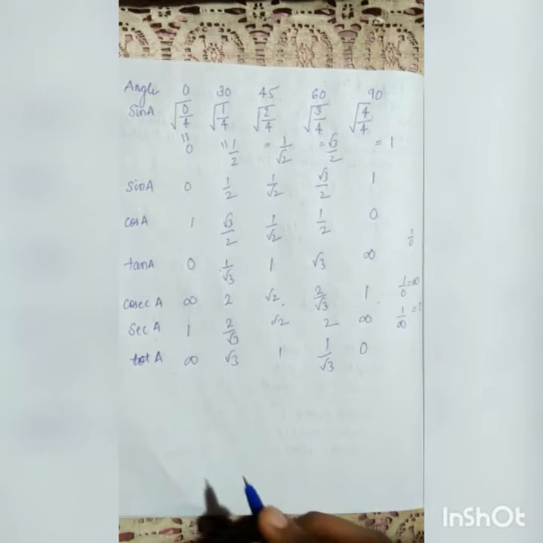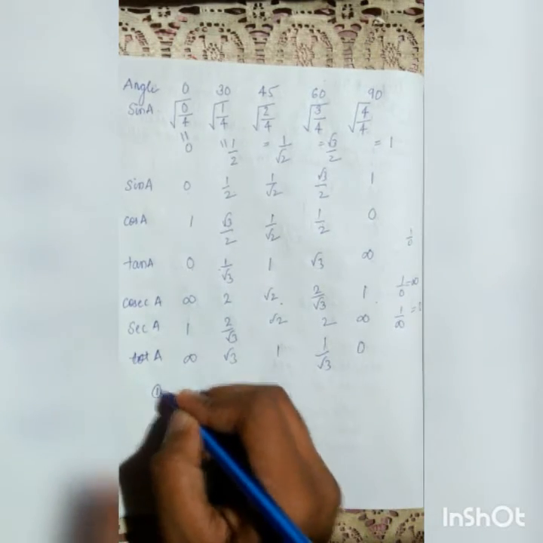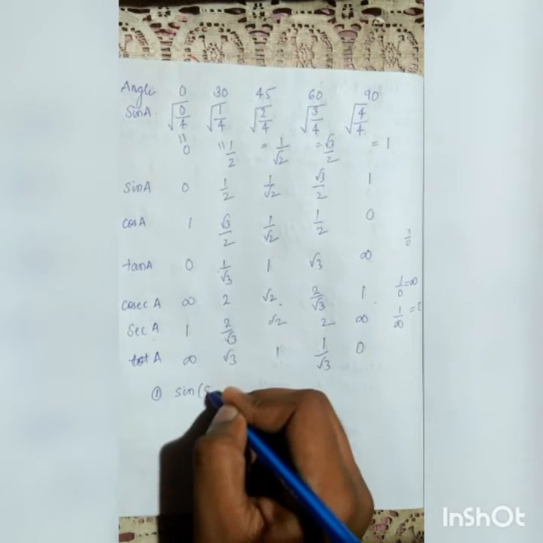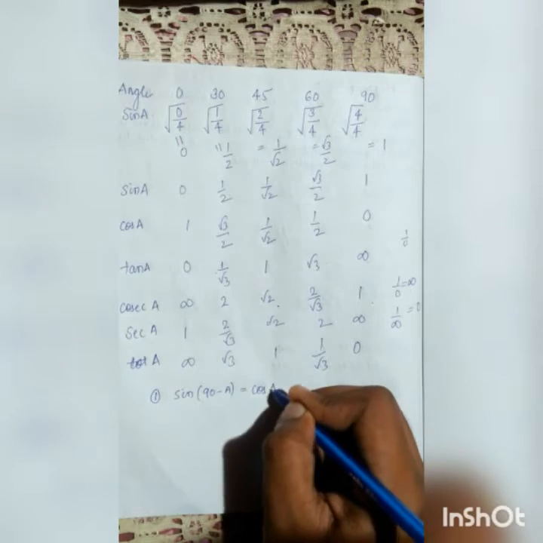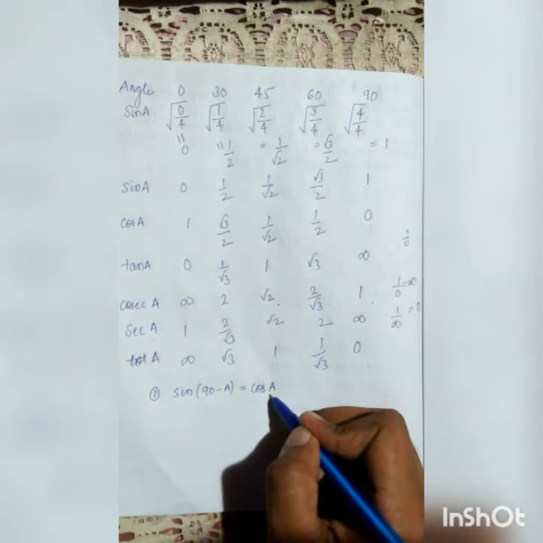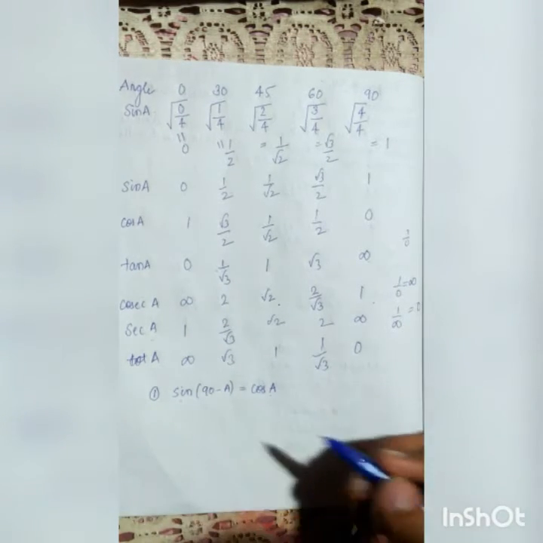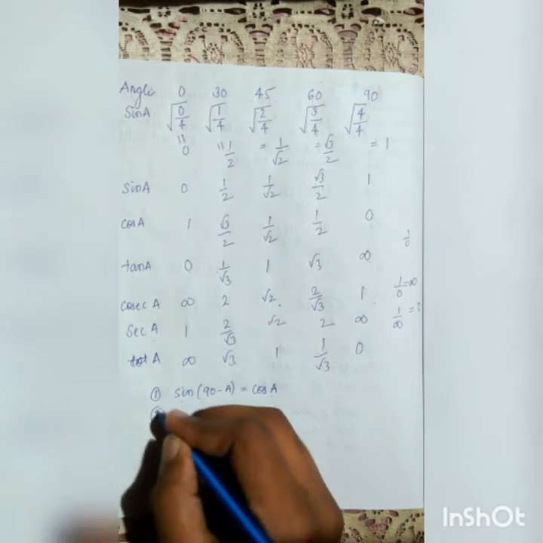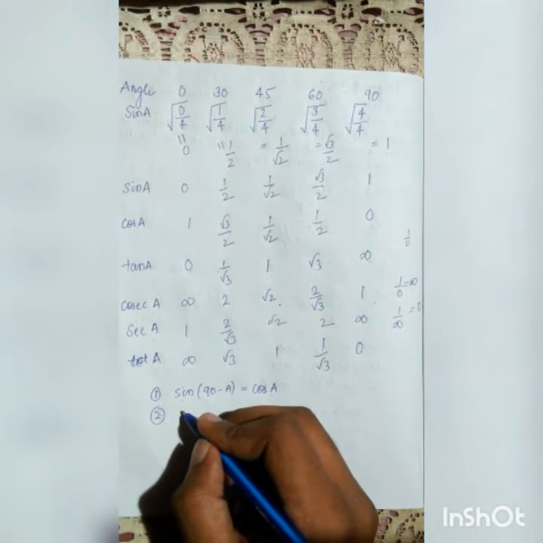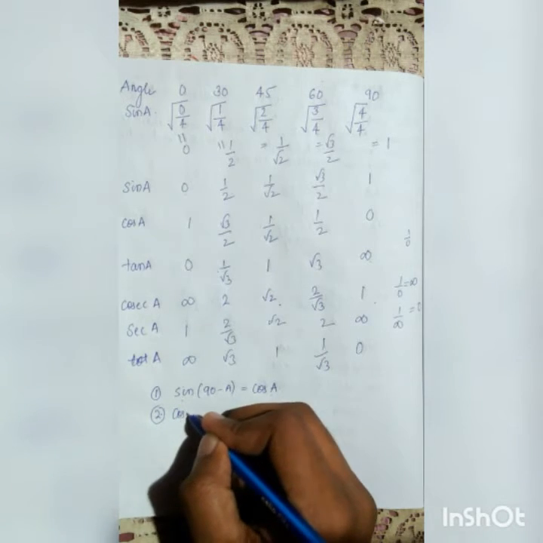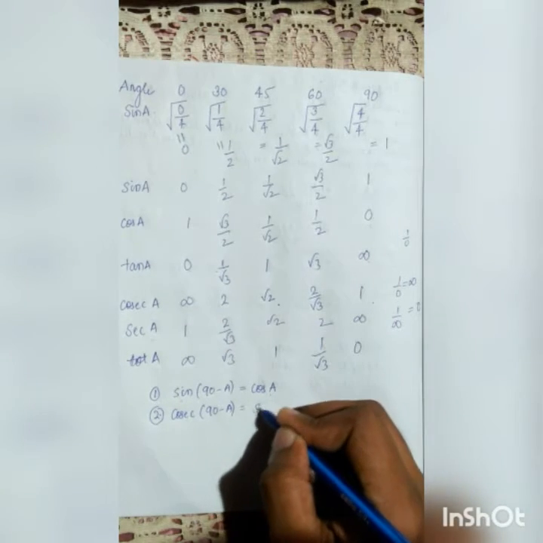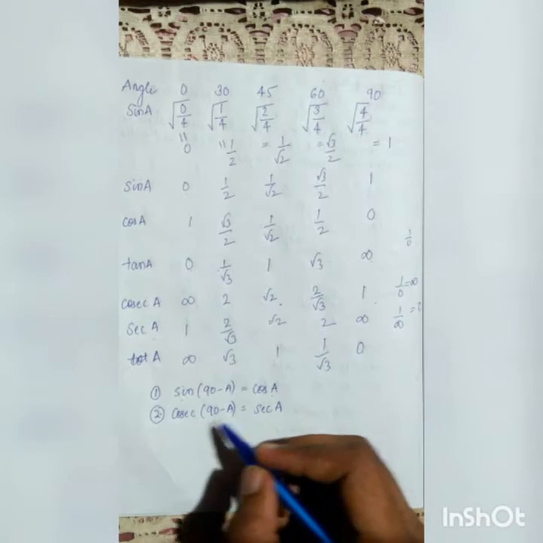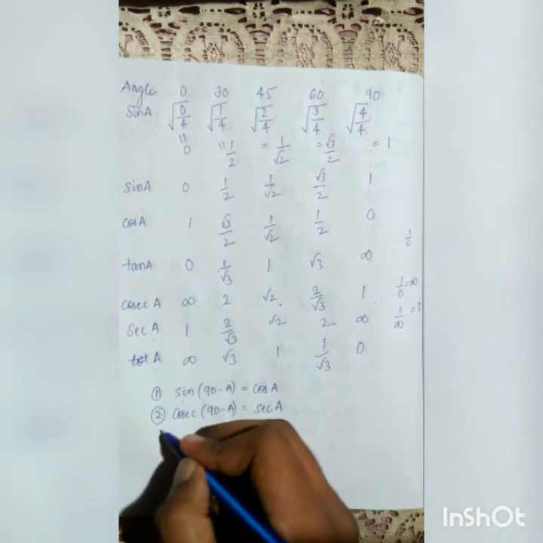We have some trigonometric properties. The first one is sine 90 minus A is always equal to cos A. We can write cos of any angle as sine 90 minus of that angle. This is a trigonometric property. The second trigonometric property is cosec 90 minus A is equal to sec A. So sec of any angle can be written as cosec of 90 minus of that angle.